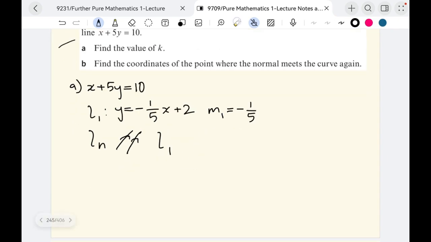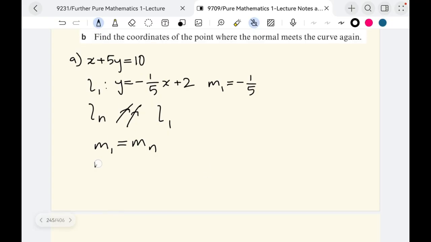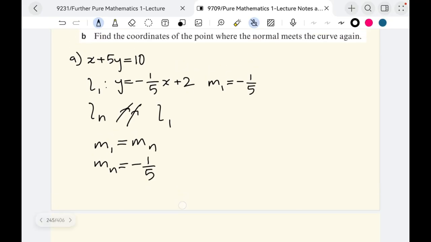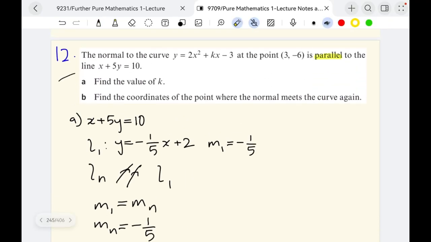Since the normal line is parallel to line 1, where the gradient of line 1 is negative 1/5, that means the gradient of line 1 is equal to the gradient of the normal. Therefore the gradient of the normal is negative 1/5. But for the curve, in order to find the gradient of the tangent, we have to convert from normal to the tangent by using this.